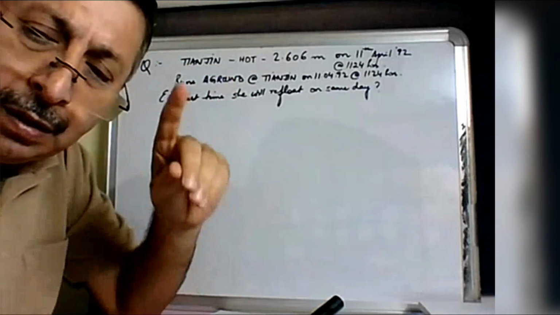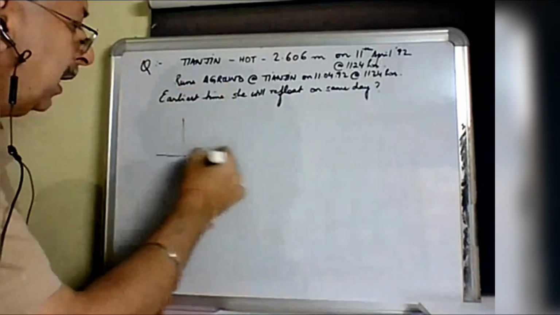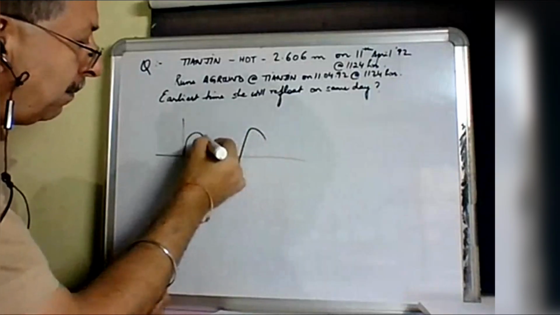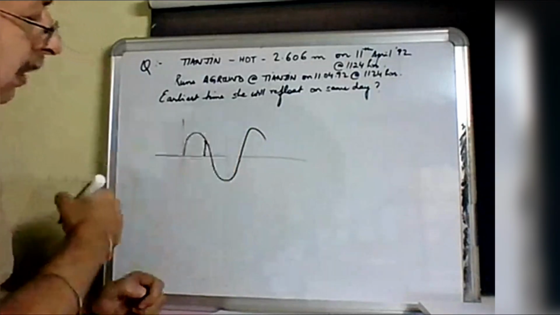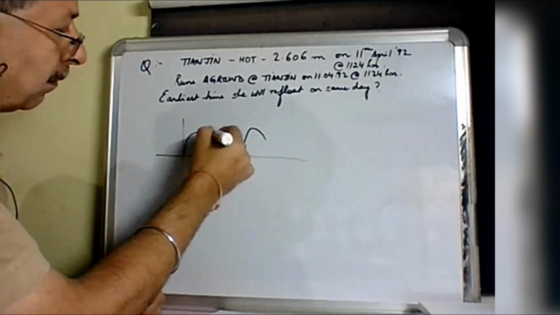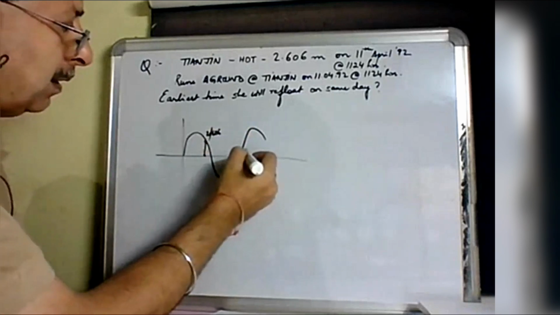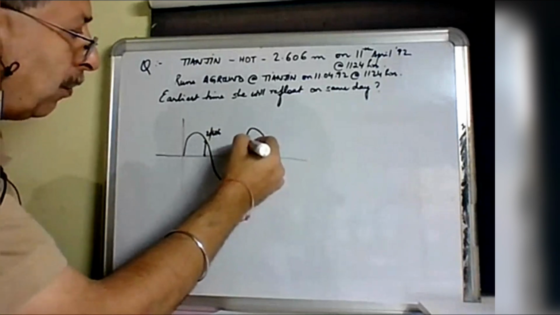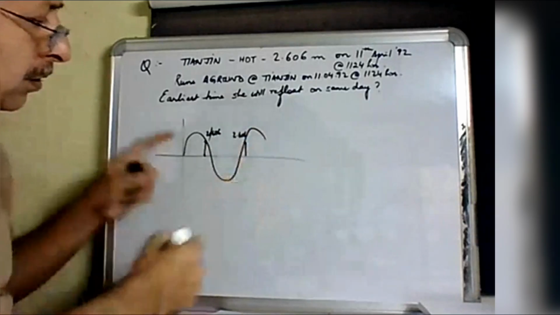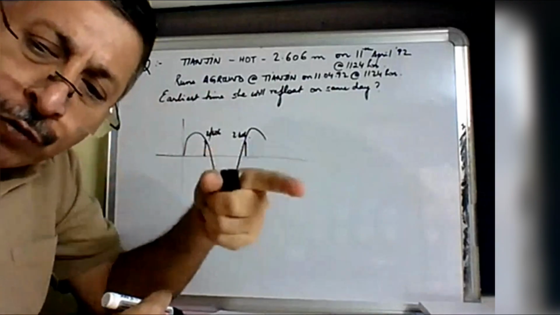So since we run aground on a falling tide, when I ran aground on the falling tide, the height was 2.606. When it rises again and the height is 2.606 on the next rising tide, I will then float free.